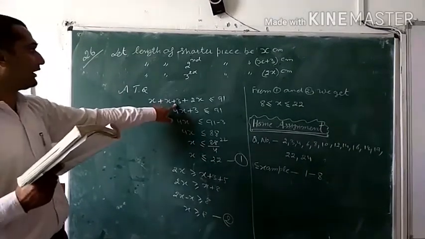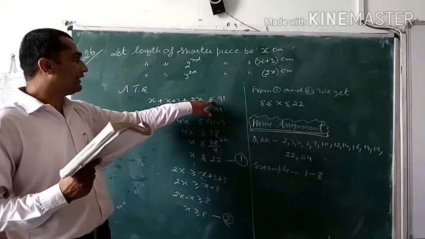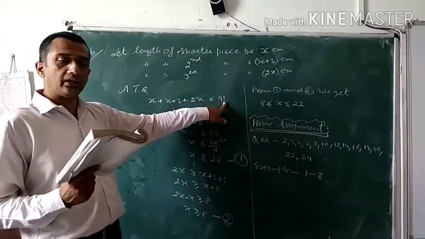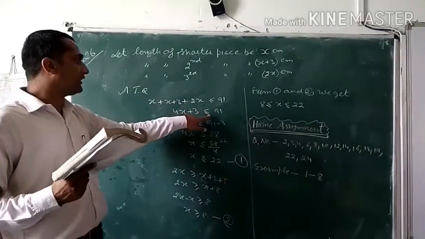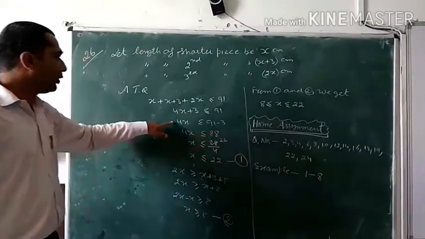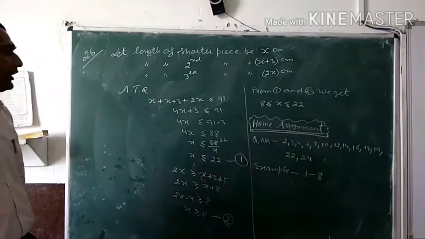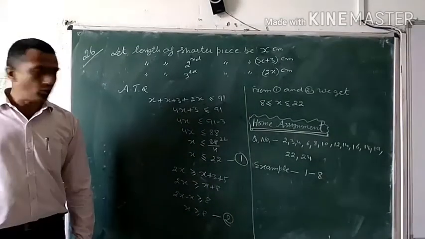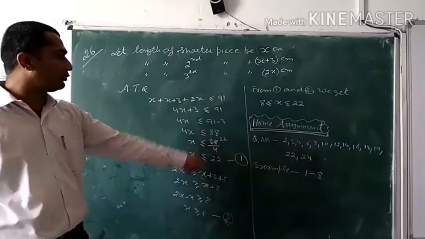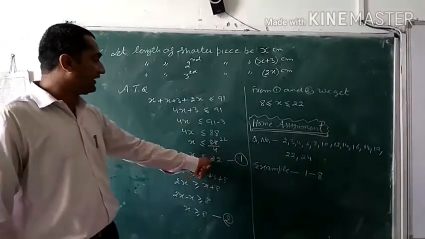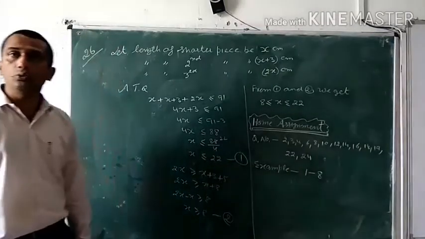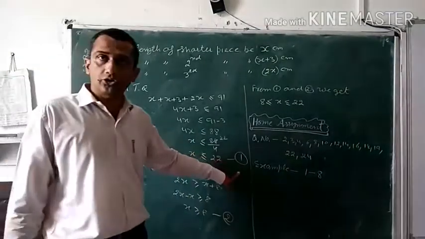So x plus x plus 3 plus 2x is less than or equal to 91. Adding these, 4x plus 3 less than or equal to 91, 4x less than or equal to 91 minus 3, 4x less than or equal to 88. Solving this, we get x less than or equal to 22. Take it as equation number 1.